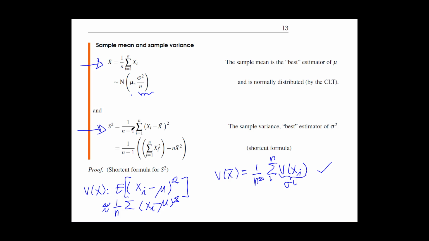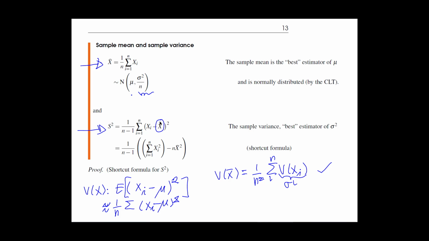The other difference is that the formula of variance needs mu, the real mean of x. Since it is unknown, we're going to use x bar as a proxy for mu, because we know that the best estimator of mu is x bar.